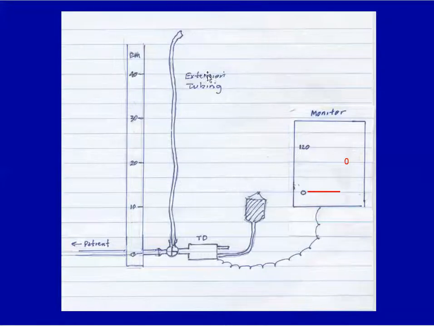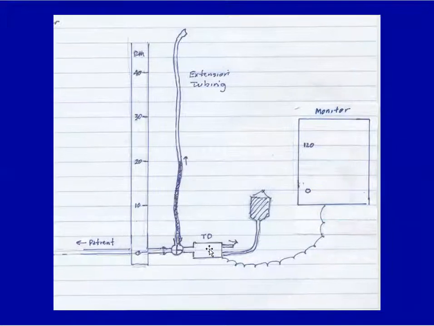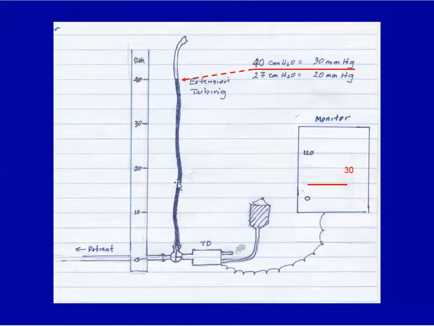You connect a length of tubing to the stopcock. You fill that tubing with fluid, and then turn the stopcock so that that fluid level is being impressed onto the transducer. If the level is 40 centimeters up in the air, then it should read about 30 millimeters of mercury.